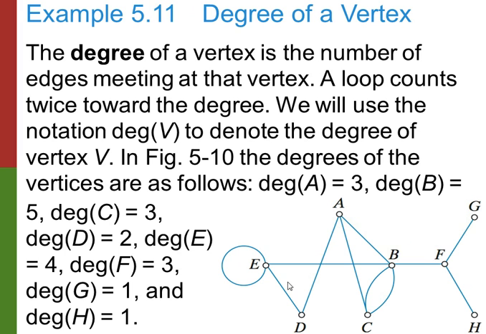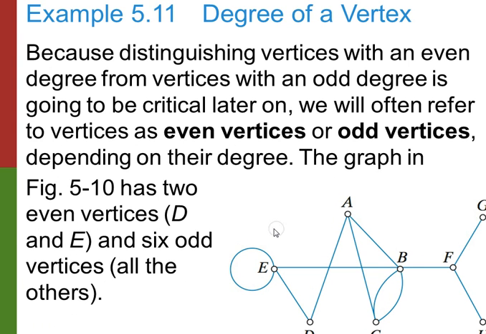Degree of the vertex. Okay, we went over that already. So the degree of vertex C, where's C right there? 3. 1, 2, 3. We already said that once. E we would call 4. 1, 2, 3, 4. That's so we're counting it right. Now, I can be even or I can be odd on my vertex.